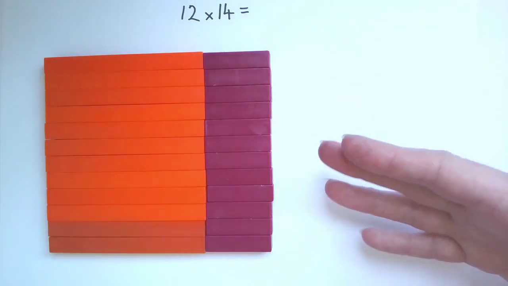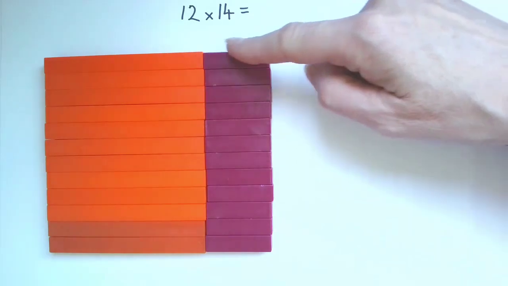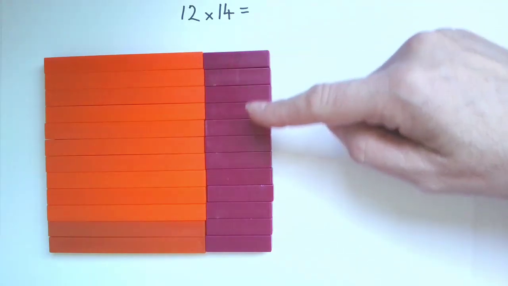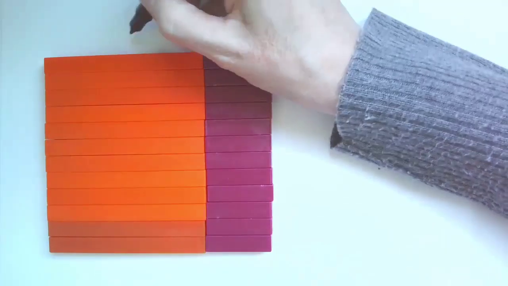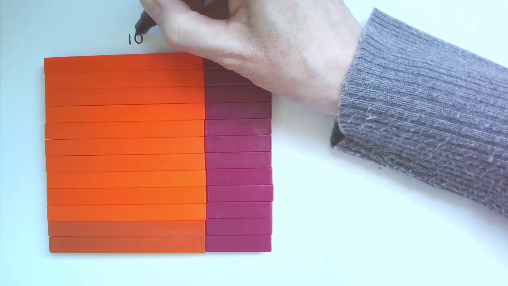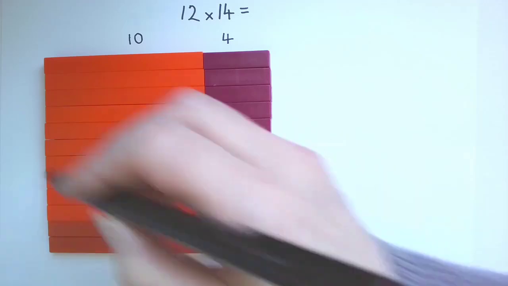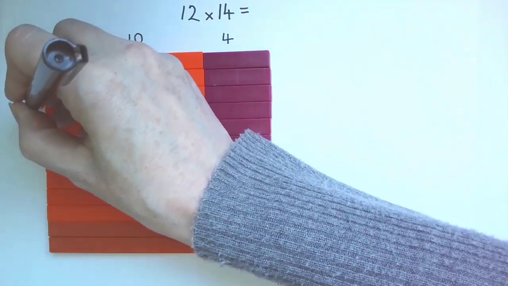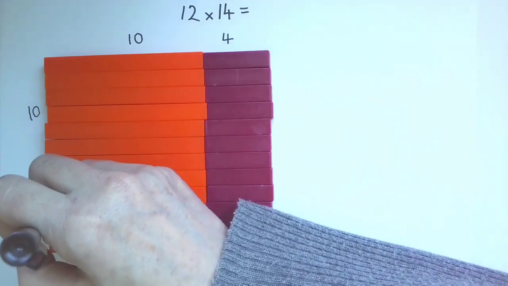But we can see it takes a lot of manipulatives. So we're just going to use this to see how the method works first of all. So I've made 14, 12 times. So I'm going to record here that I've got 14, there's my 10 and my 4 ones, and I'm going to do that 12 times.